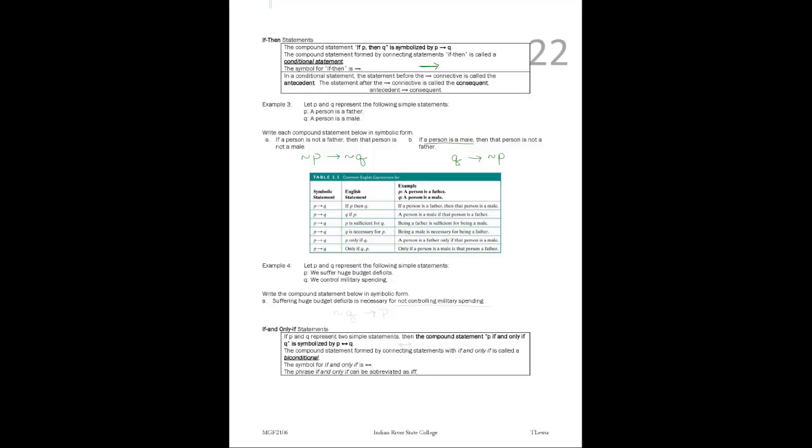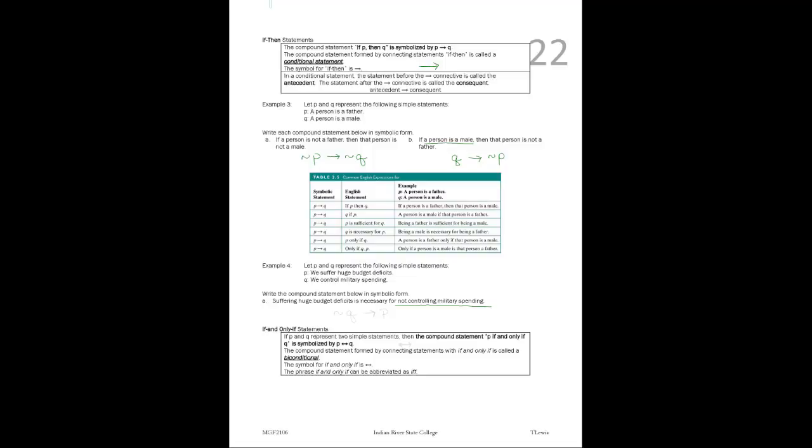Okay. Let's look at what we have here: necessary for. Not Q is necessary for P. This would be our antecedent here, right? We can write this as: if not controlling military spending, then suffering huge budget deficits.